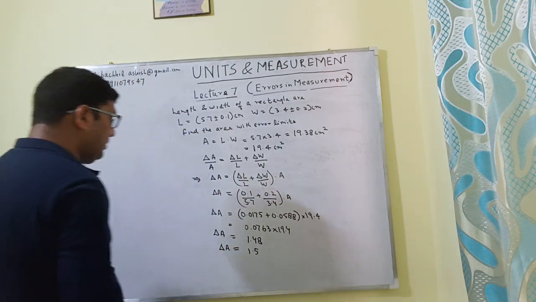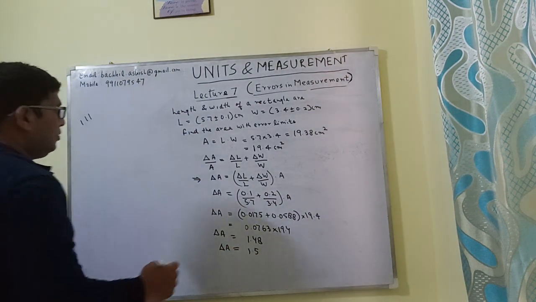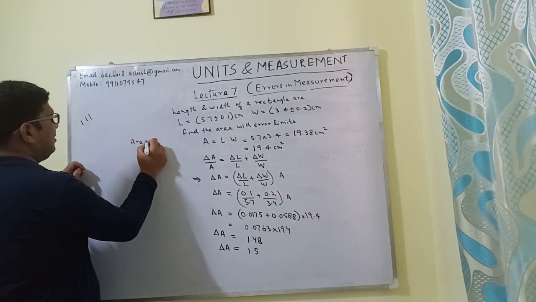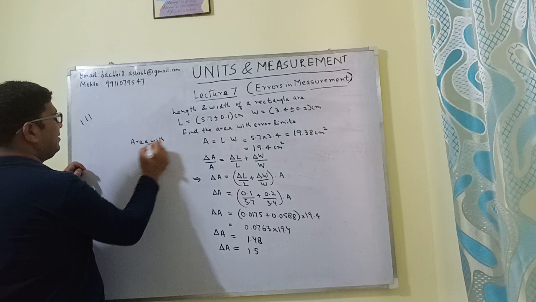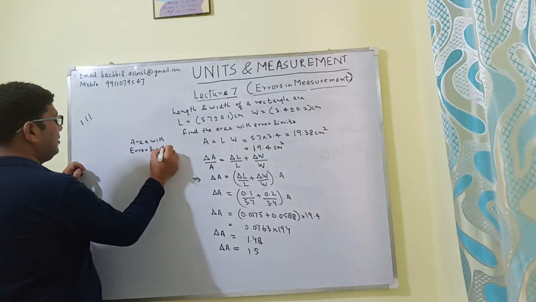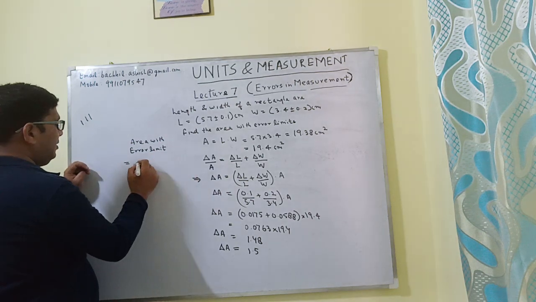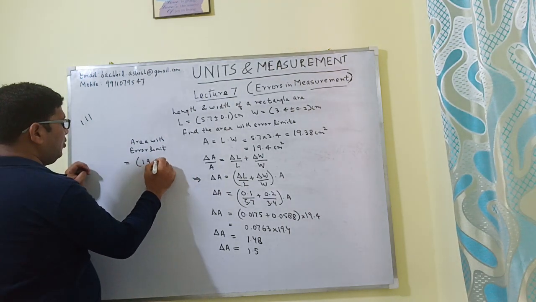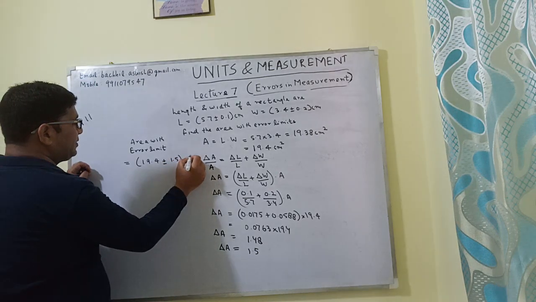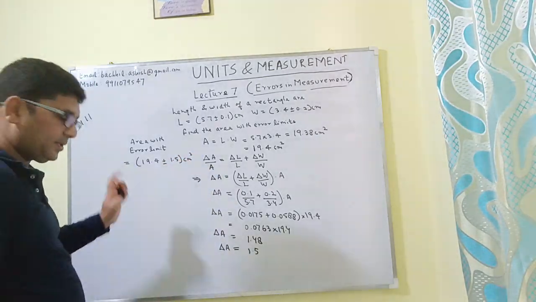So delta A will be equal to 1.5. So the area with error limit will be equal to 19.4 plus minus 1.5 centimeters. This is the answer. Okay.